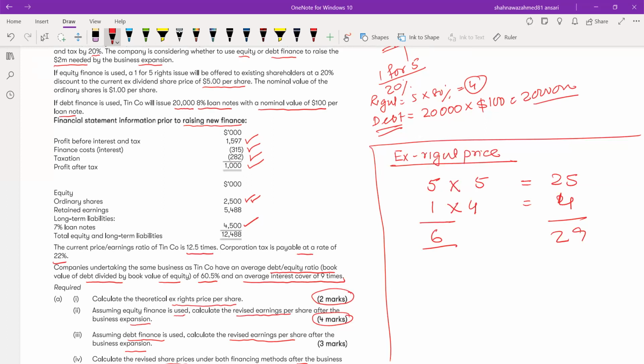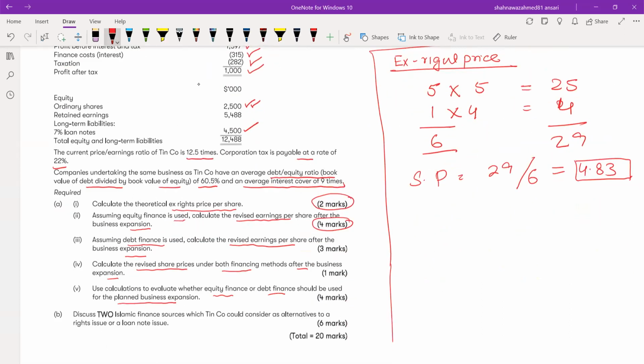So as a result, the price is 29/6. And 29/6 means 4.83. This is the X right price. This is the first requirement.